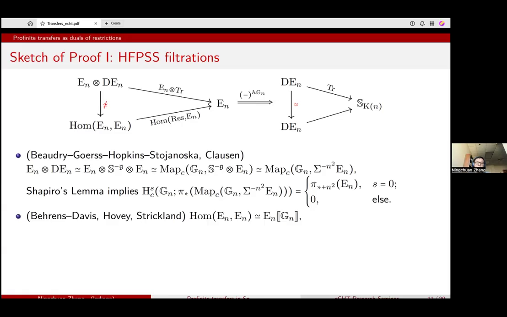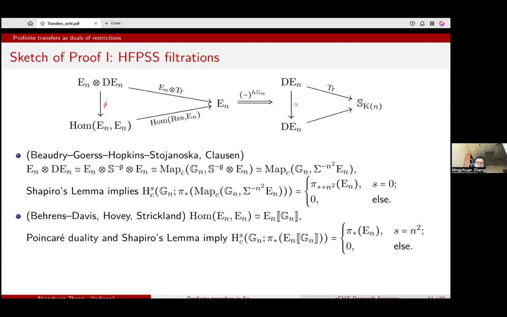Whereas the bottom has been identified by a result of Behrens, Davis, Hovey, and Strickland, that the endomorphism ring of Morava E-theory is a completed group ring on the Morava stabilizer group. Using Poincaré duality and Shapiro's lemma, we can see that the group homology of this endomorphism ring is concentrated in degree n squared, which is the virtual cohomological dimension of the Morava stabilizer group S_n.